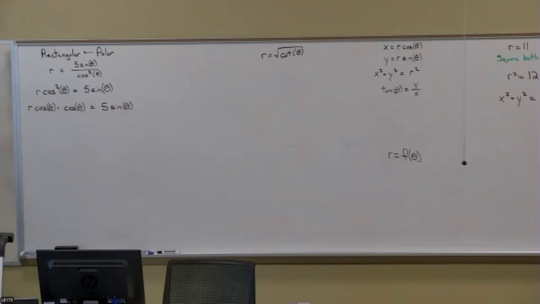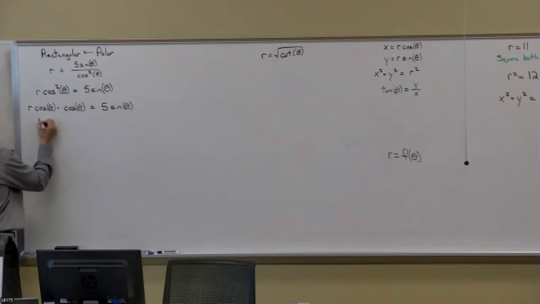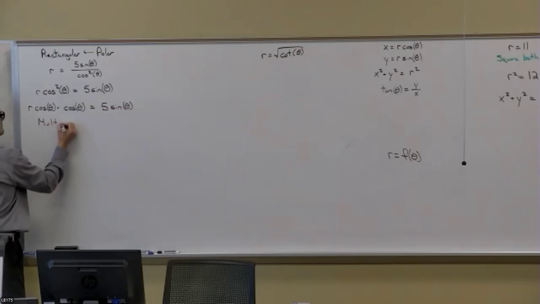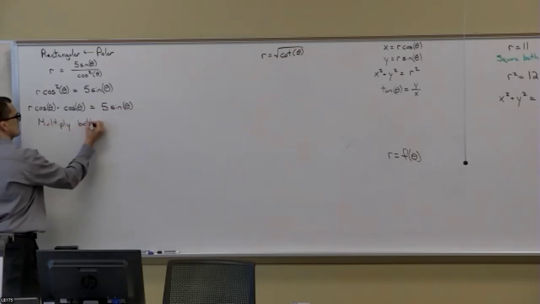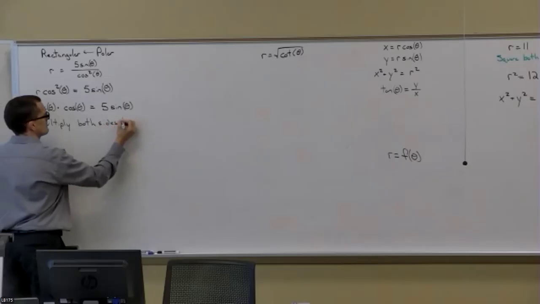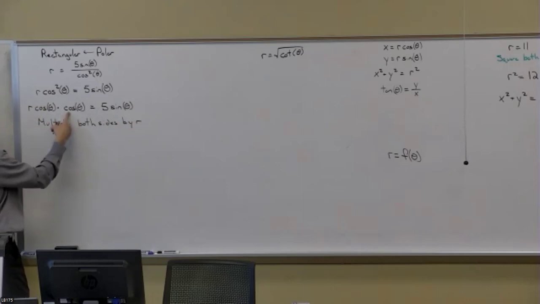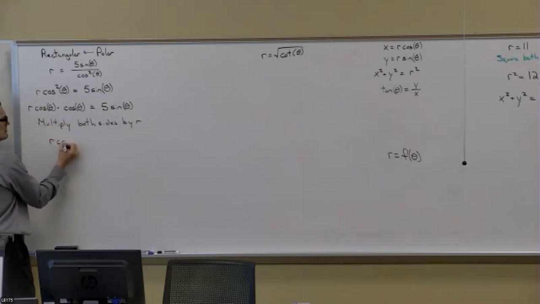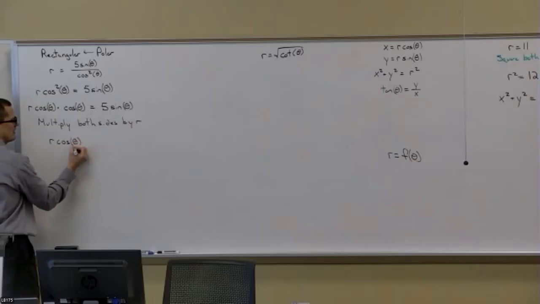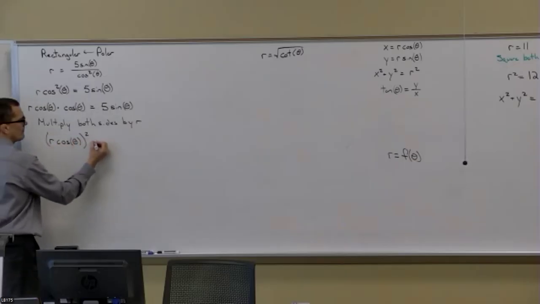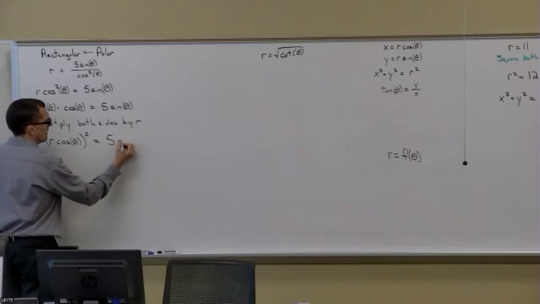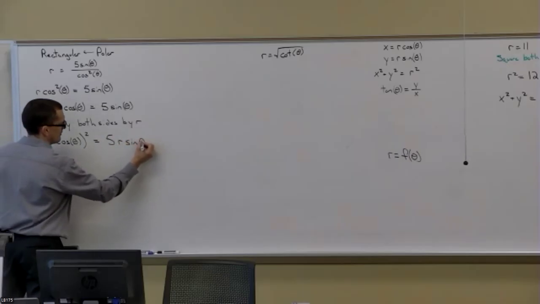So I need another r on the left and another r on the right. So I can multiply both sides by r and get that. I'll get r cosine theta times another copy of r cosine theta. So r cosine theta, I'll get that twice. And then I'll get 5 times r sine theta.